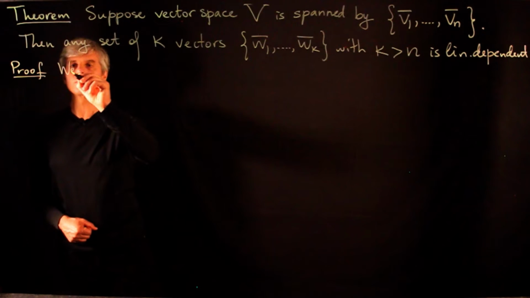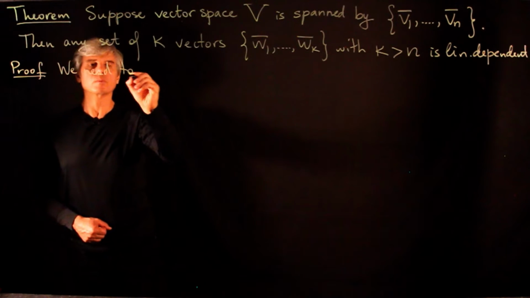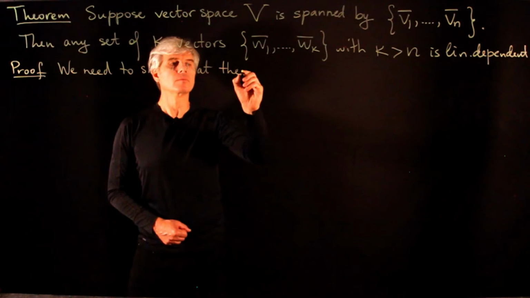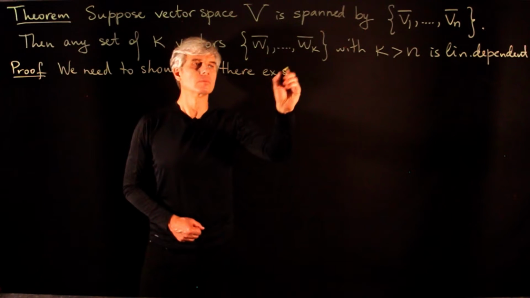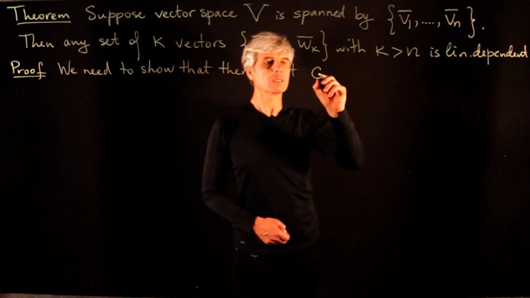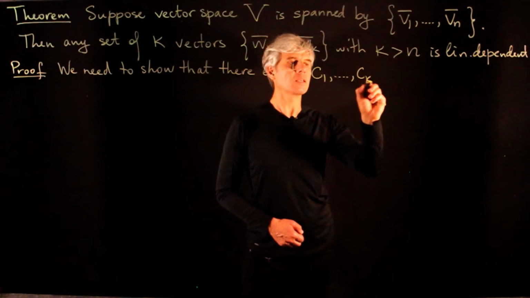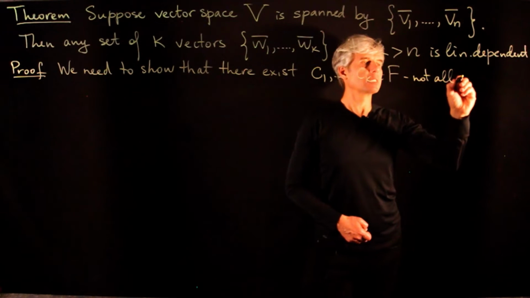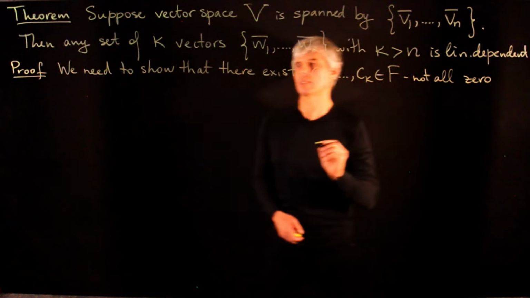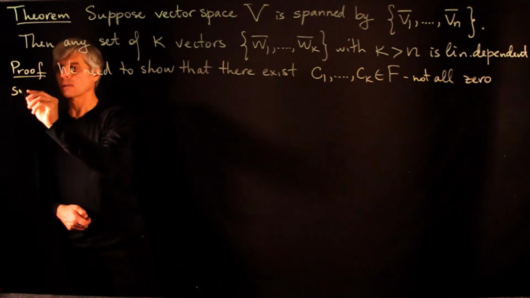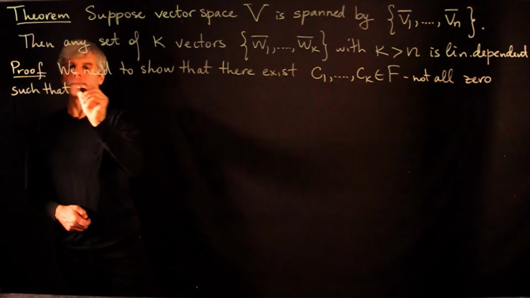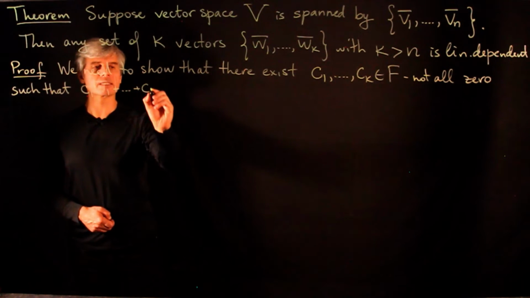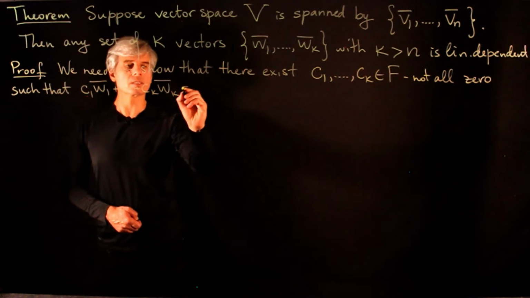So we need to show that there exist c1 through ck in F, not all 0, such that c1 w1 plus ... plus ck wk is equal to a zero vector.